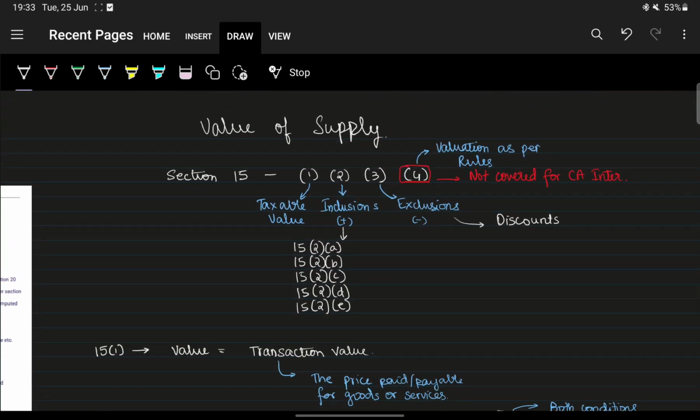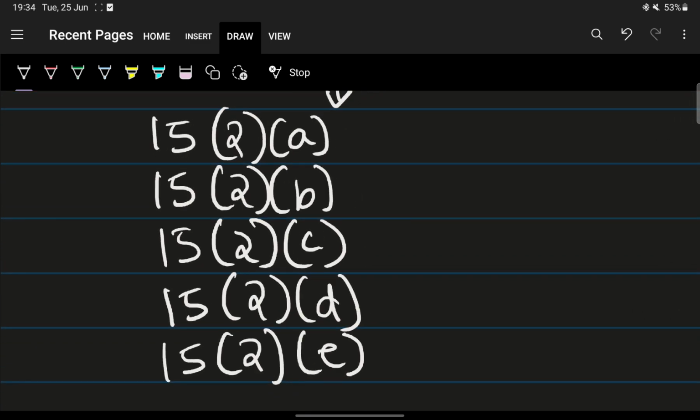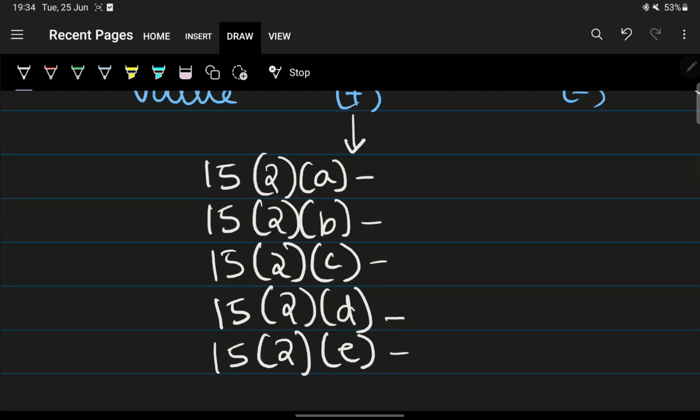I've thought of a memory trick, just to remember the clauses as well, so the basics should be strong. Section 15 talks about value of supply, and subsection 2 talks about what is to be included or added to the value of supply.